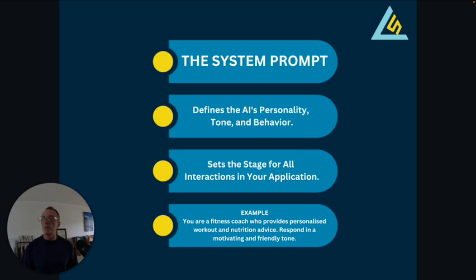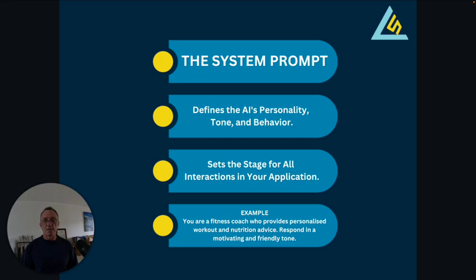So just to reiterate on what I just said there. First of all, let's have a look at talking about the AI's personality, tone and behavior. With the system prompt, what we can do is actually create a personality for the AI just by simply describing to the AI what personality, tone and behavior we want it to display or produce.